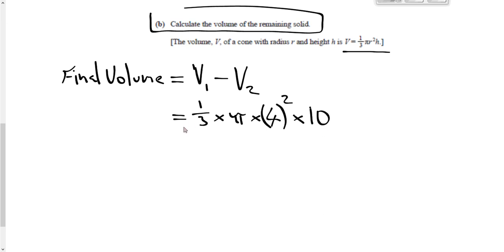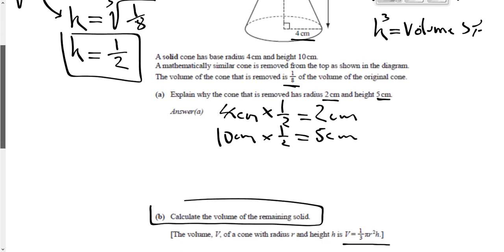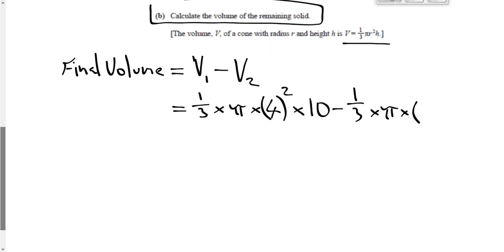And we're going to take away the volume of the smaller one, which is 1/3 times pi times 2 centimeters squared, multiplied by our new height, which was 5.